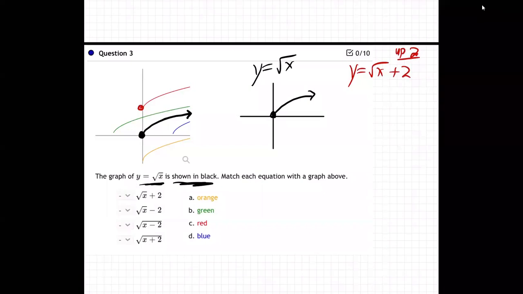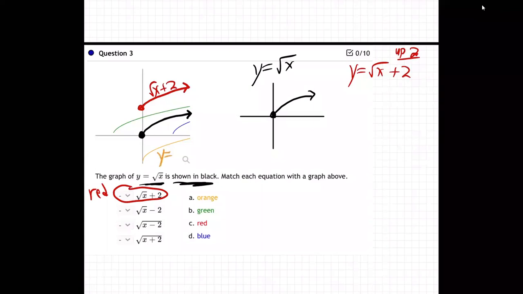And so that's going to be this red one right here, at least on my graph. That one will be the red one: square root of x, with the +2 afterwards. So I bet you can guess pretty easily that the orange one is going to be down here.